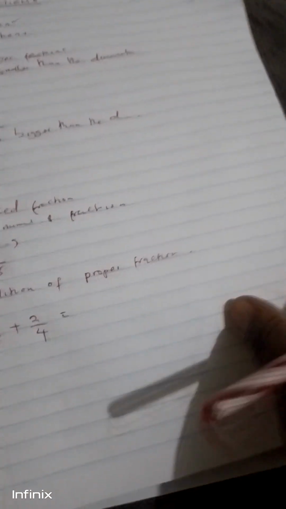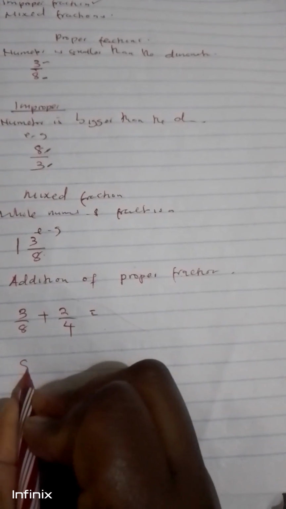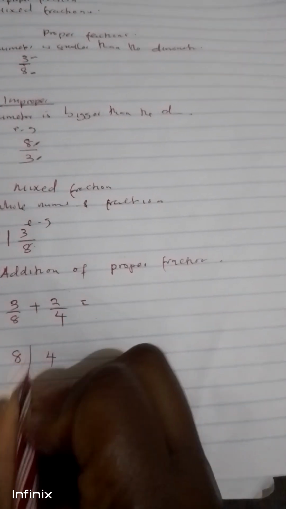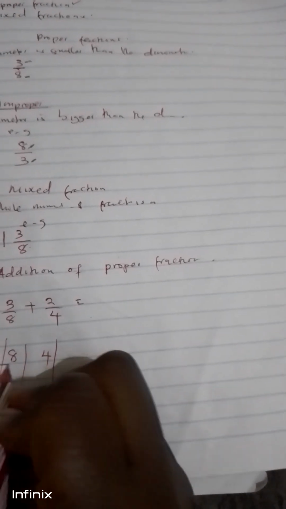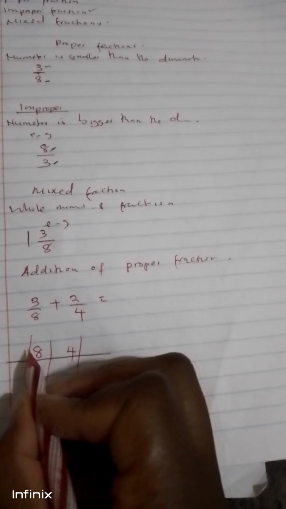First of all, we look for the LCM of 8 and 4. So we write 8 and 4, then we start with the smallest number.